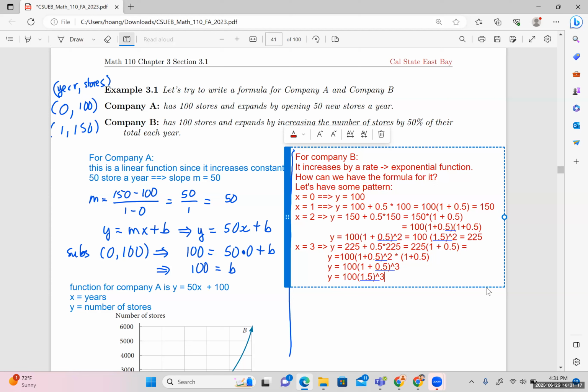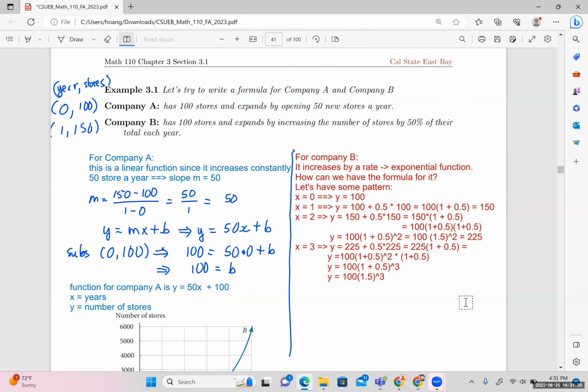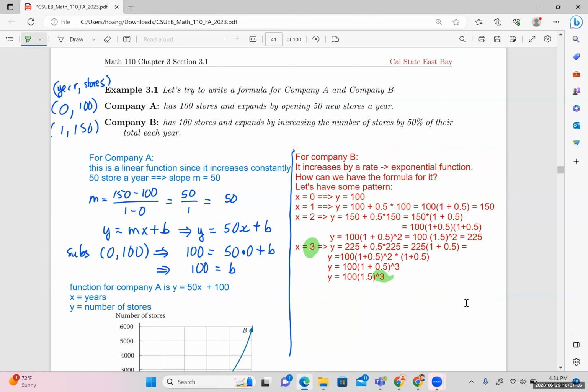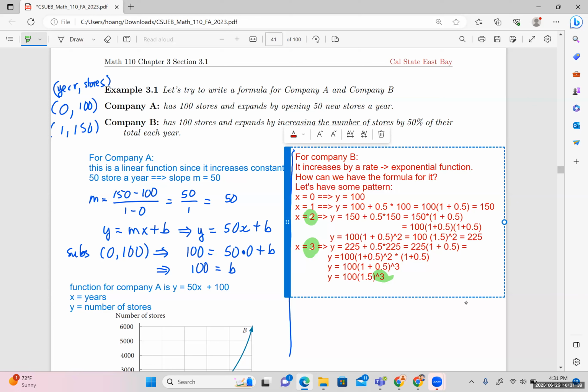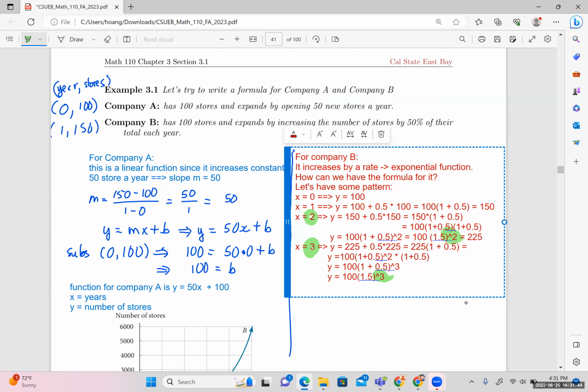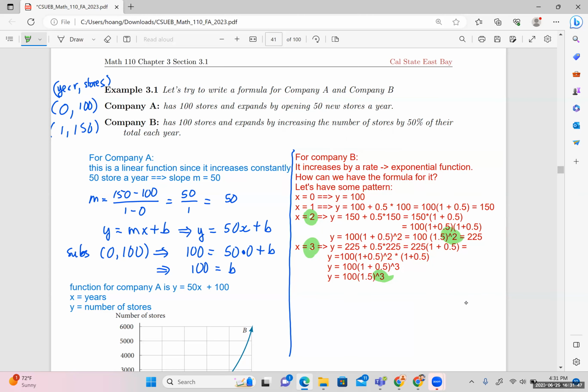I see that there's some pattern now. I saw the power here is going to be the same as the number of years, similar to x equal to 2 here, where the power is 2.